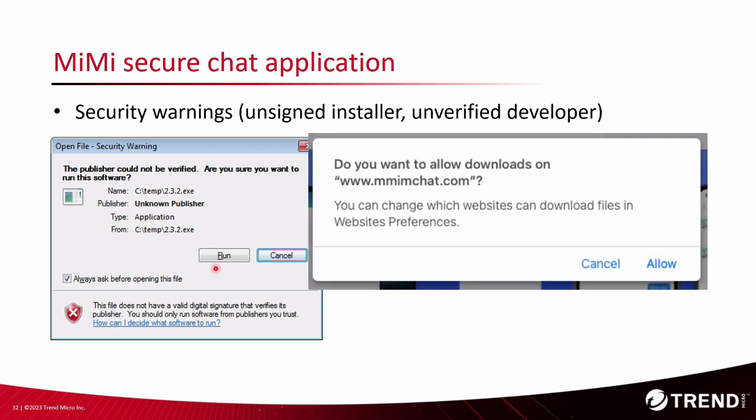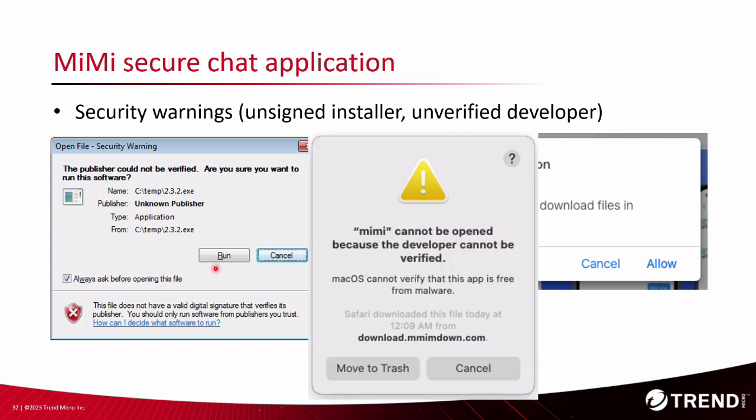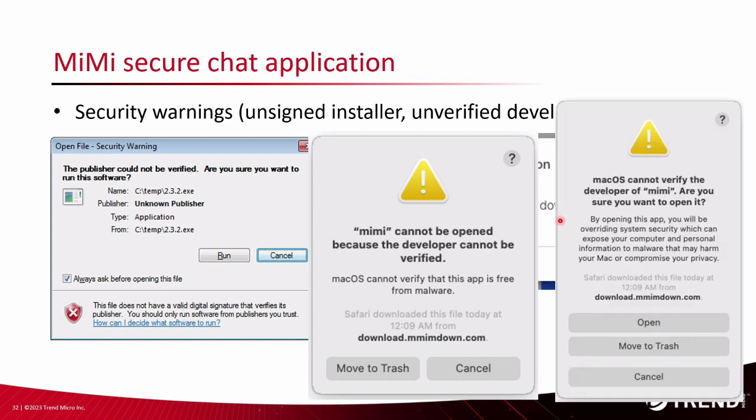The first warning was by the Safari browser. The victim clicks allow. Then it mentions that it cannot be opened because the developer cannot be verified. So the victim needs to go to System Preferences and the Security and Privacy tab, then choose the option Open Anyway. Then this Open button appears. Click open and get infected.